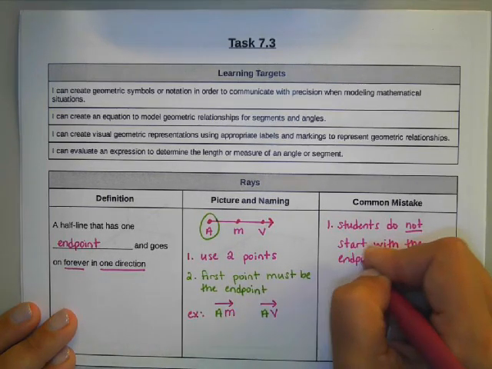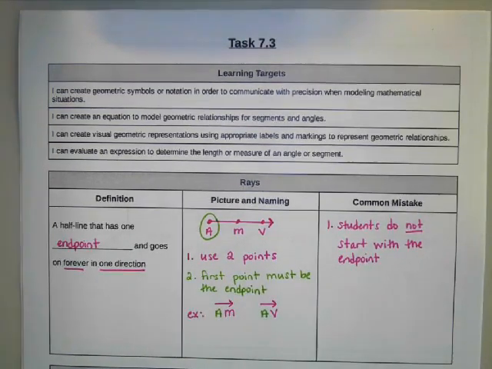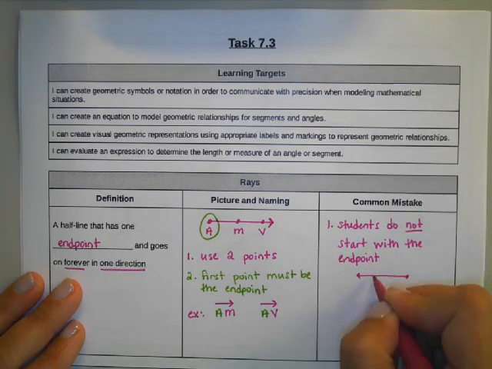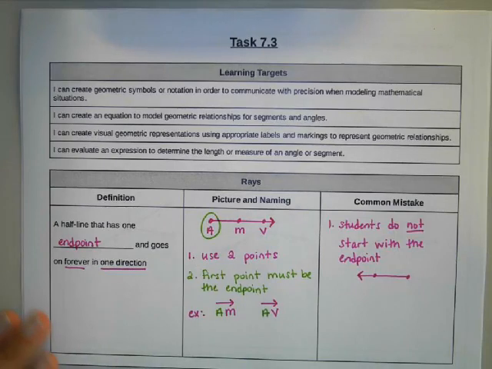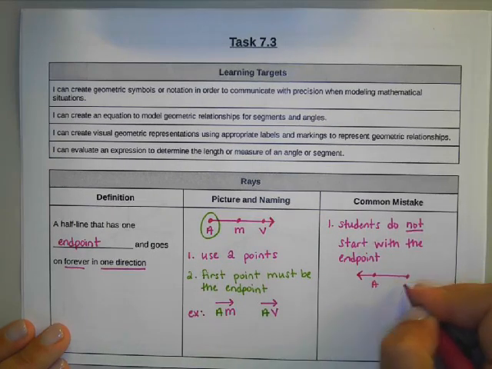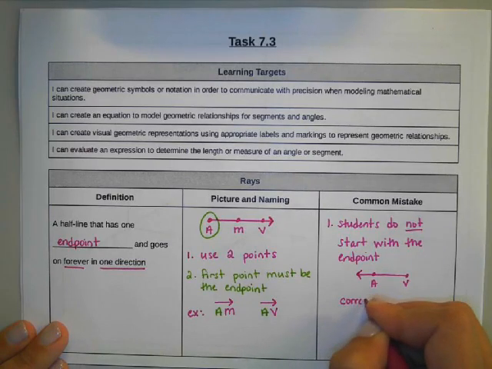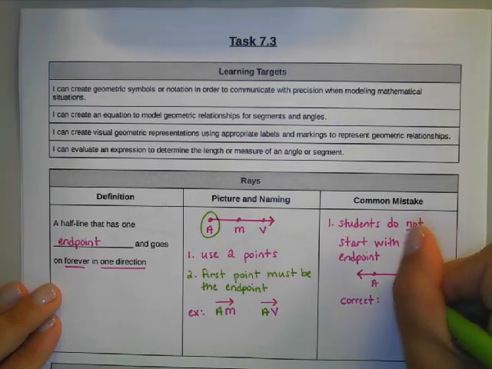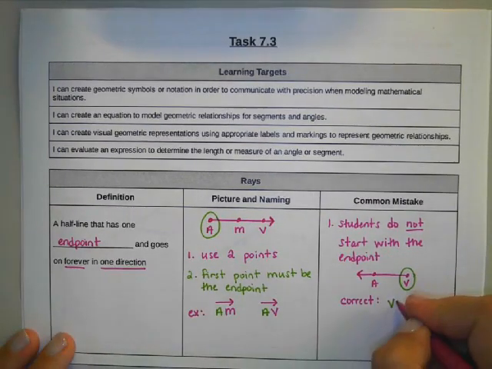And I'm going to show you a very specific example. So not all rays point to the right. There are going to be some times that we're going to see a ray that goes like this, where the arrow is pointing to the left. Now, in this case, the correct way to name this ray would be starting with V because that's the endpoint, and then using the letter A as our second point.